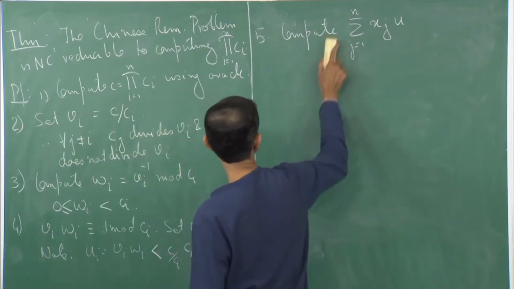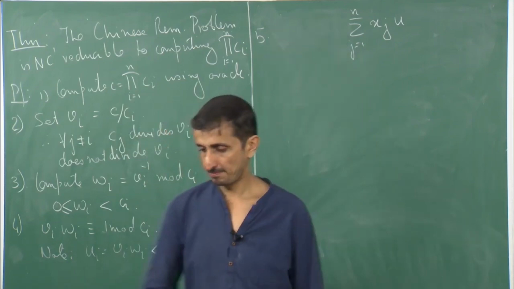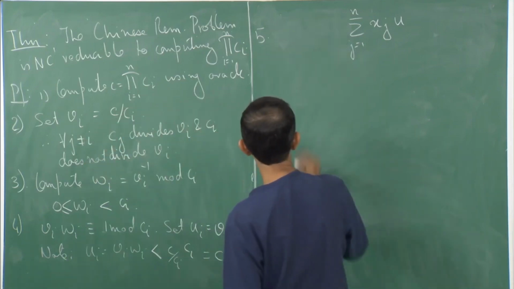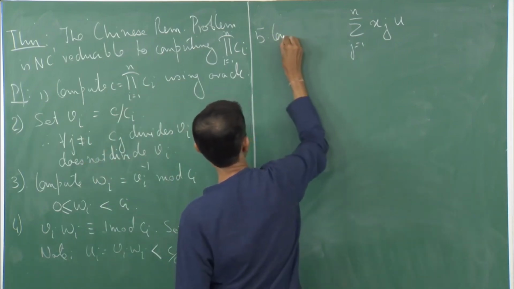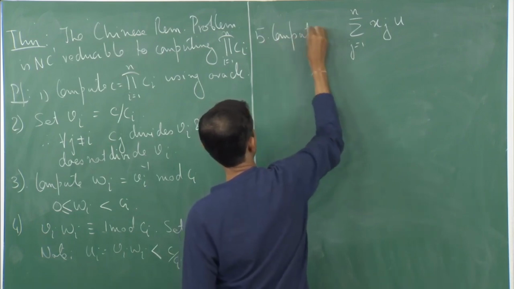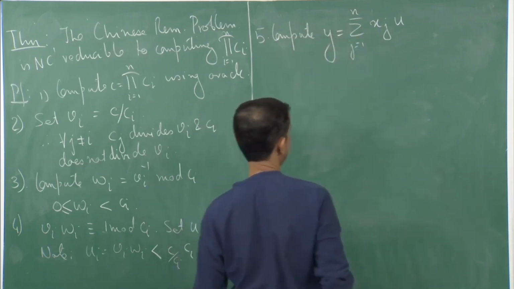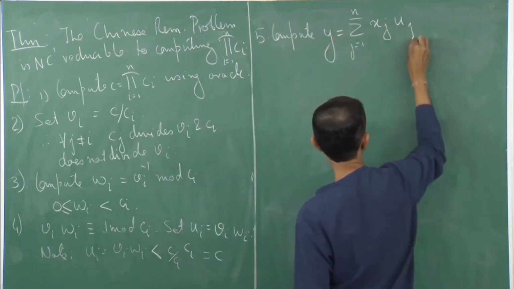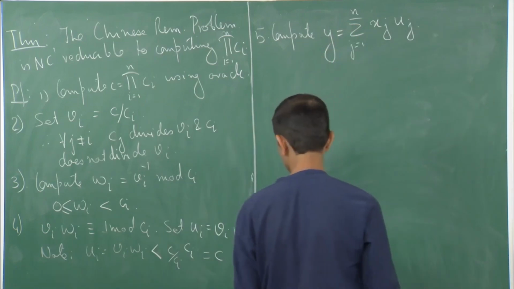Let's give this a name: y equal to the sum of xj uj.